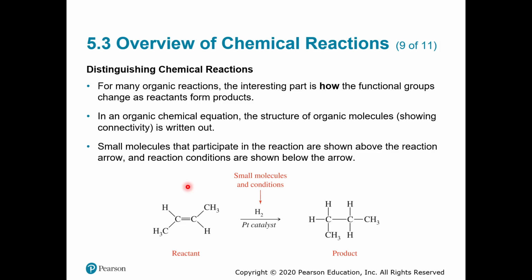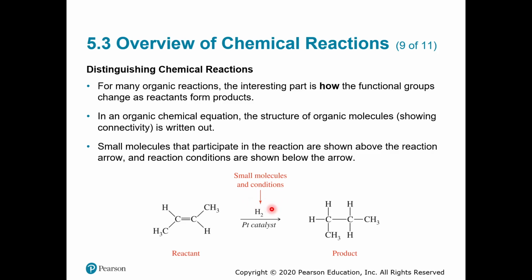We're reacting a metal with a gas, okay, salt. And that connectivity here, that's kind of all that's changing, right? It's the major thing that's changing. It's very important. And so we want to preserve our space for writing these out. So what we do is we take any small molecules that we don't really care about, and we don't care how they change the structures to, and we write them above the arrow.